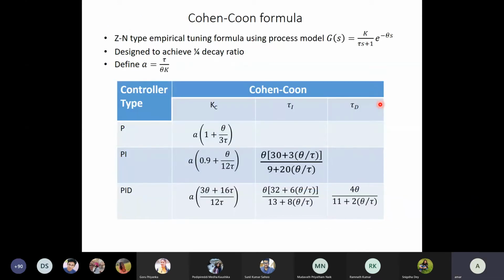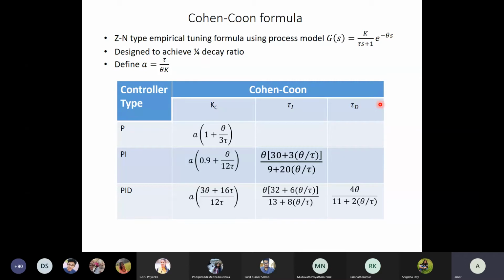Next, I am going to the Cohen-Coon formula, which is similar to the Ziegler-Nichols type formula. Initially, Ziegler-Nichols published a paper in 1942 or so for estimating a first order with dead time model from process data. Then from that process model, he formulated these tuning correlations.